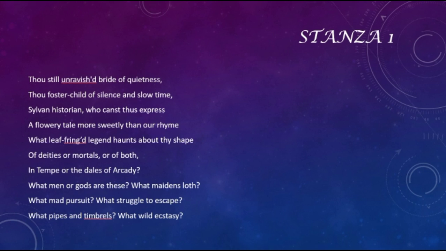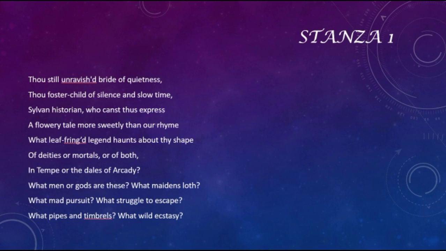Now let's start the explanation. Thou still unravished bride of quietness, thou foster child of silence and slow time. Keats gazes at the Grecian urn and contemplates with wonder its long duration on earth, for its centuries. The beauty of the urn is pure. It means the urn is the pure bride of silence.